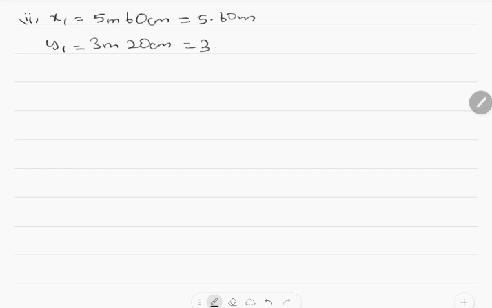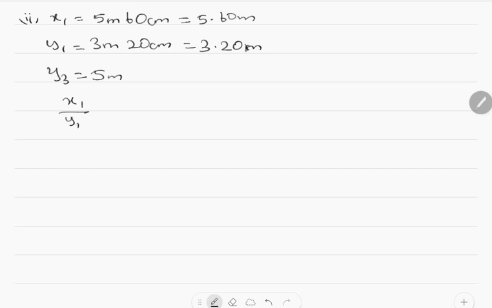So subdivision number 2, x1 is 5 meter 60 centimeter is 5.6 meter. y1 is 3 meter 20 centimeter equal to 3.2 meter. y3 is 5 meter.